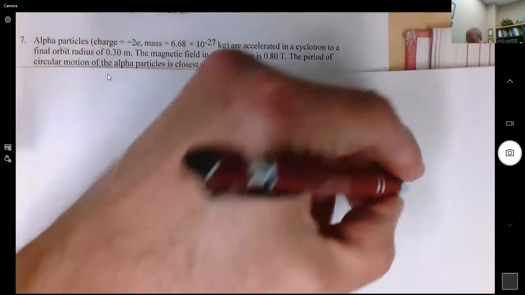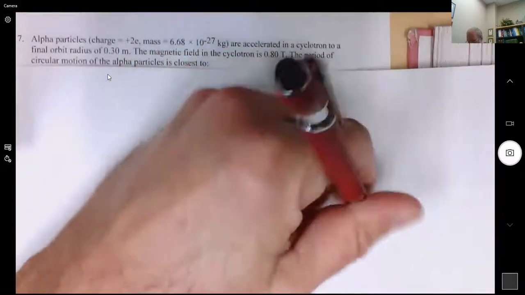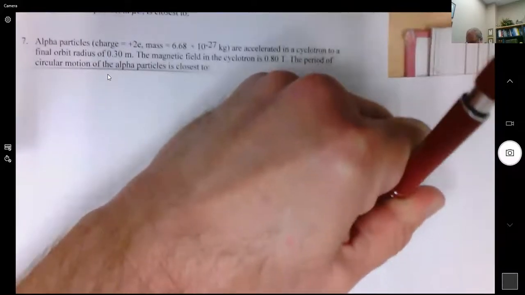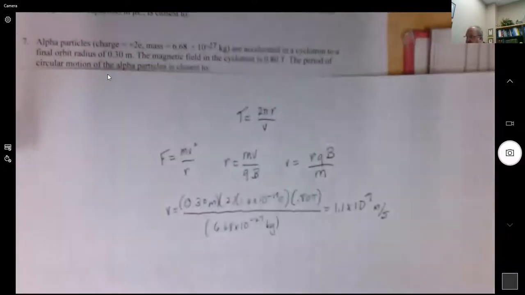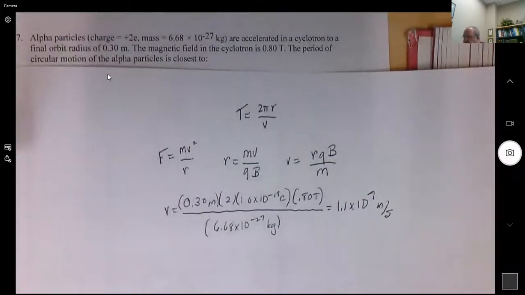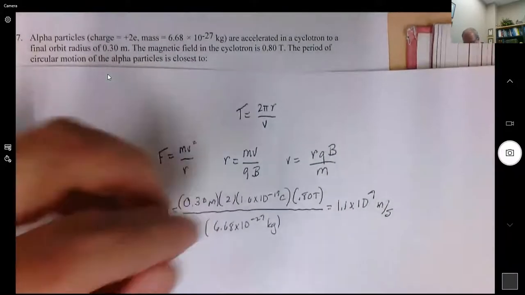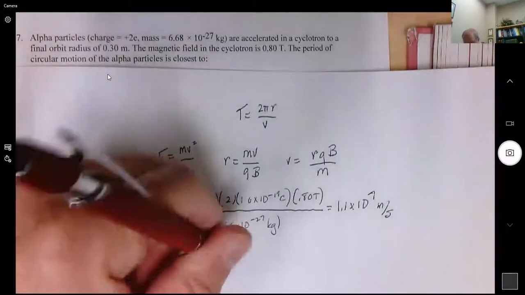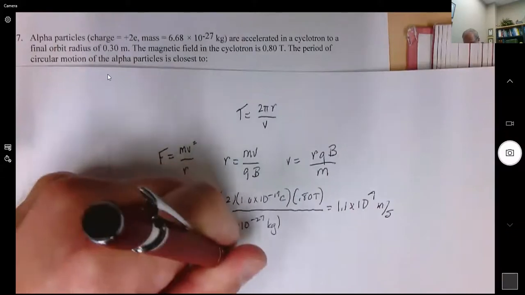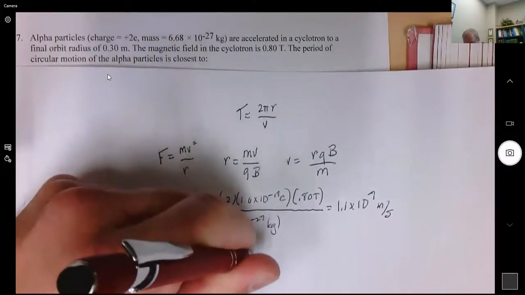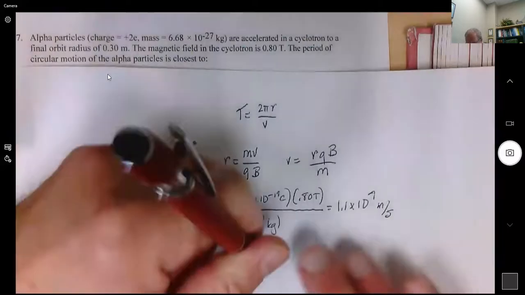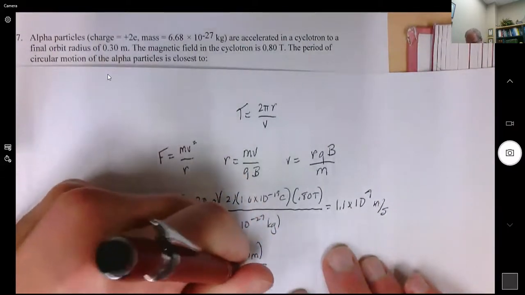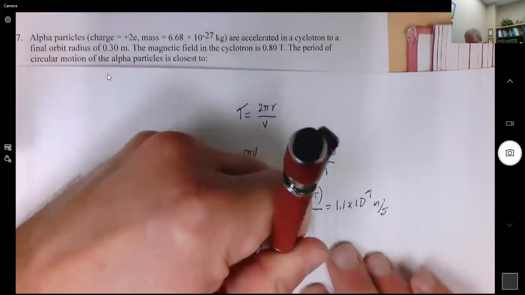So for this in a cyclotron, I get 1.1 times 10 to the 7th meters per second. Okay, that makes me so much happier. I was getting a different number and it didn't make me happy. So I just then plug this into the period here. Period T is equal to 2 pi times 0.3 meters as our radius divided by our velocity 1.1 times 10 to the 7th meters per second.